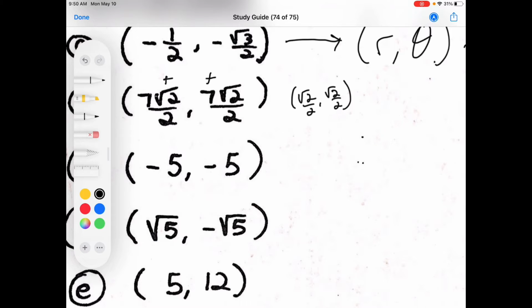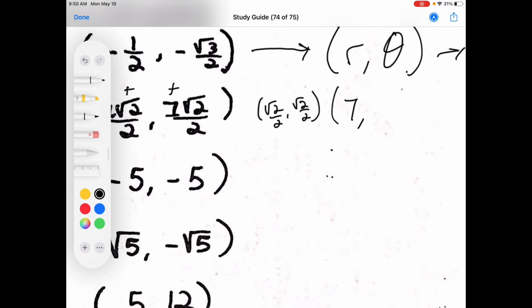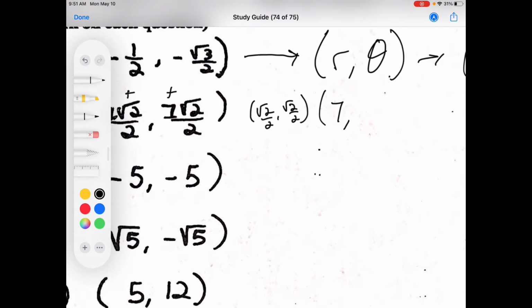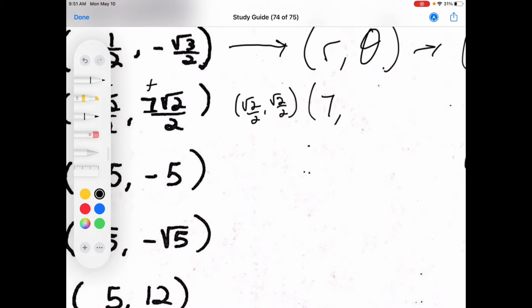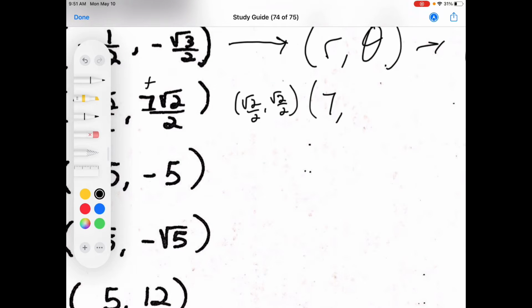But if you see a 7 in front of these, that means the radius is 7. We're just multiplying these coordinates by 7. So my radius is 7. And what is the radian in terms of pi in the first quadrant at √2/2, √2/2? It's right in the middle. So it's one of the pi over 4s, and this is just pi over 4.